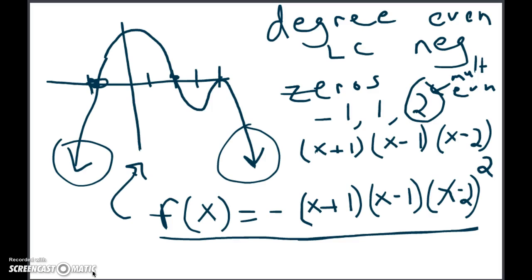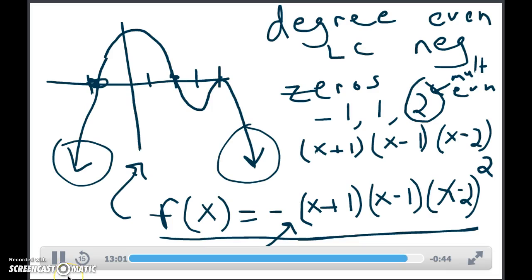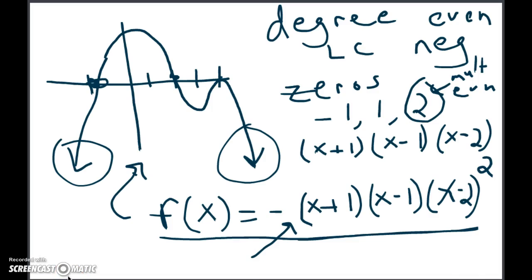What's interesting is I could change the equation. I could put numbers here that would stretch or shrink the function, but the zeros would remain the same. So I could get a graph that looks like this. Oops, I didn't turn it there. Let me erase that.